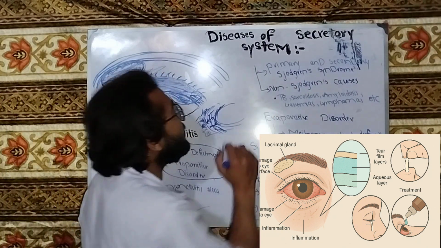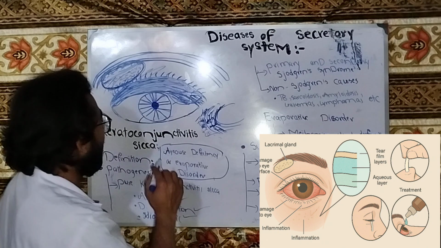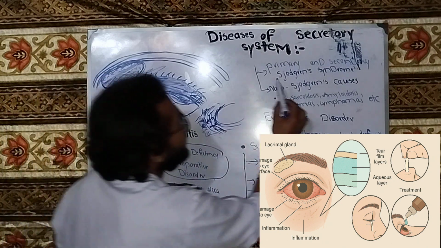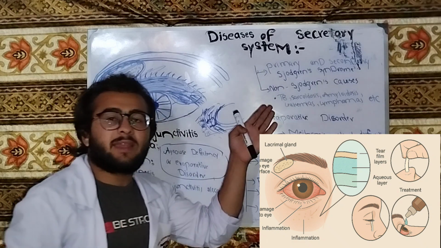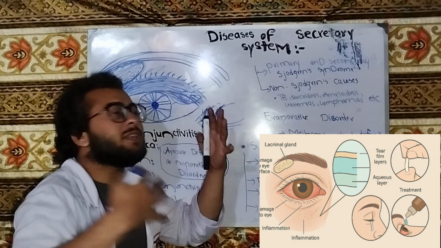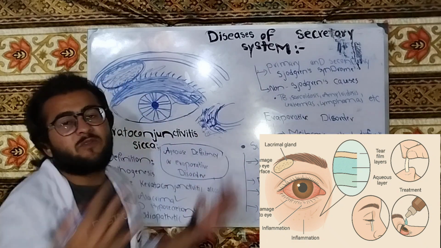The second cause of aqueous deficiency is primary and secondary Sjögren syndrome. Sjögren syndrome is an autoimmune condition in which multiple parts of the body are affected.